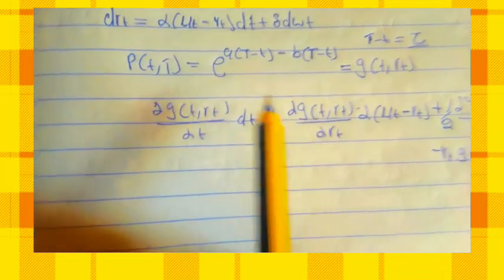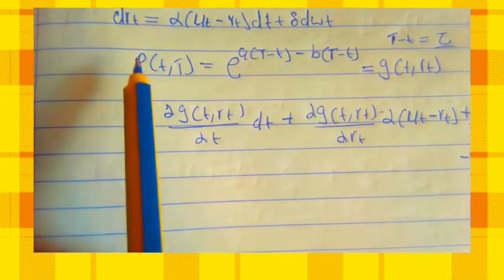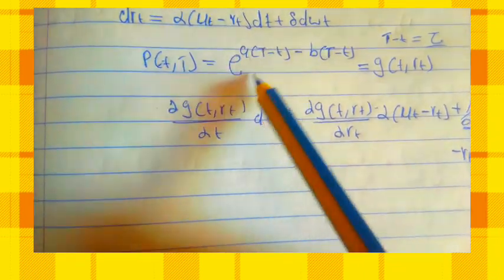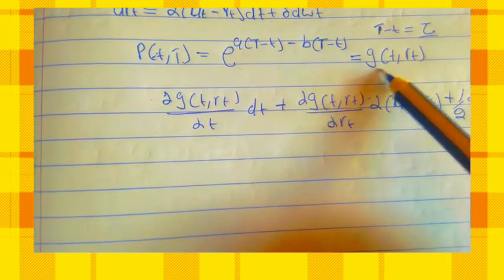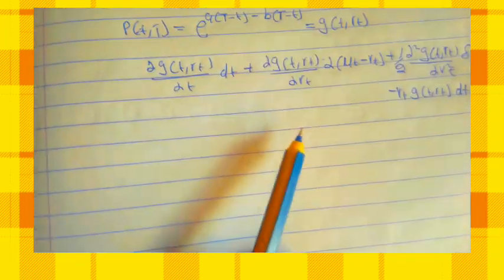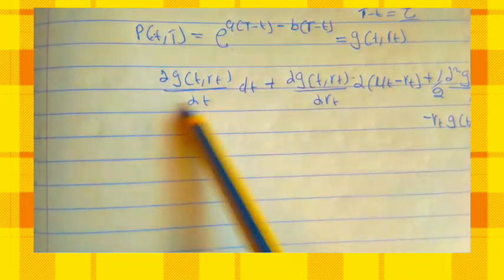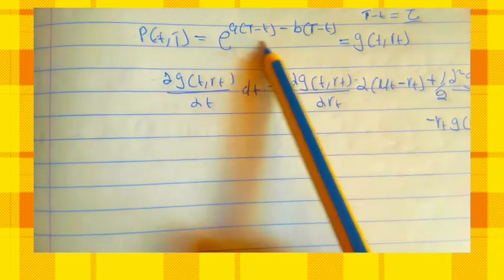So after this one, we have P in the bracket dt, capital T, is equal to this one, which is equal to this one. So from this point we can start by differentiating this one, which looks like this equation.